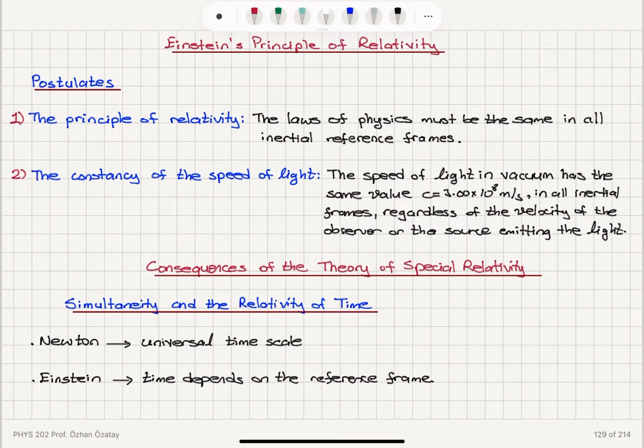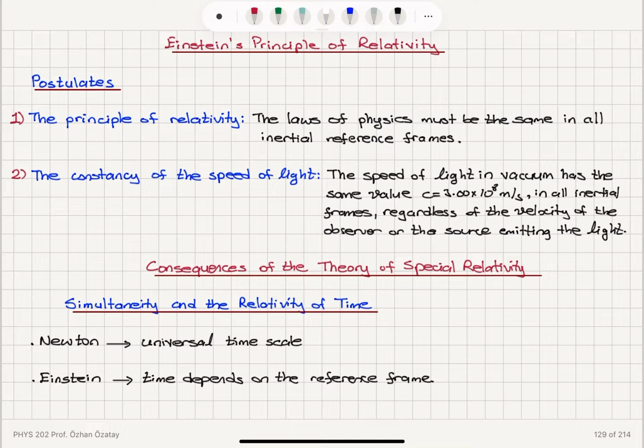Number two, the constancy of the speed of light. Remember we talked about the Michelson-Morley experiment, and the early theory basically stated that the speed of light was c only in this holy medium called ether.